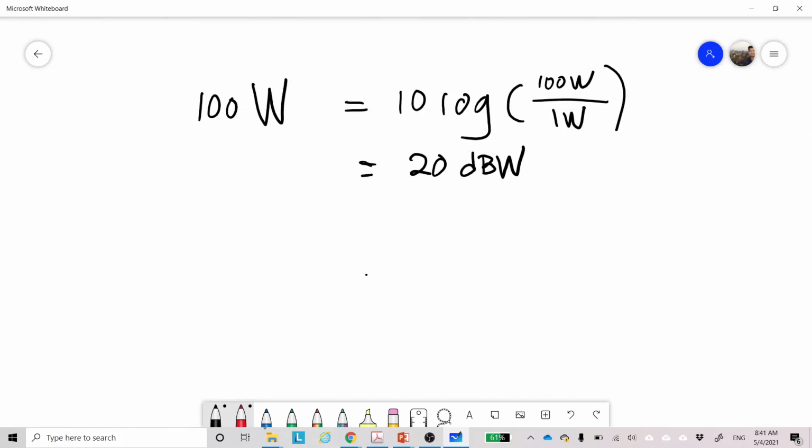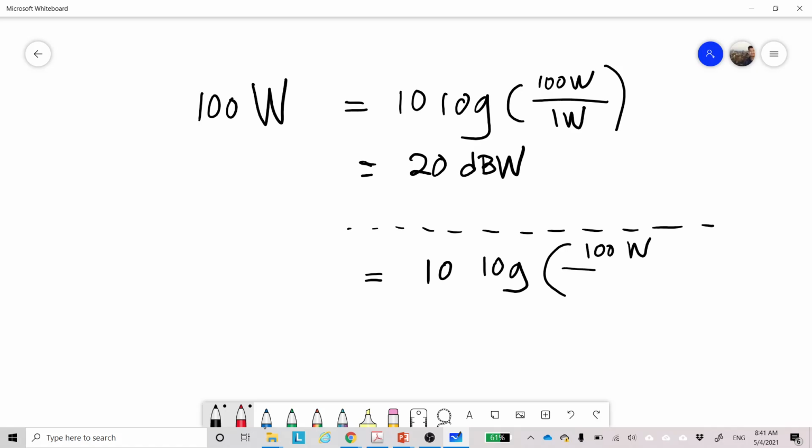And then if I want to make it in terms of dBm, for example, 10 log of 100 divided by 1 milli, which is 1 times 10 to the power of minus 3.